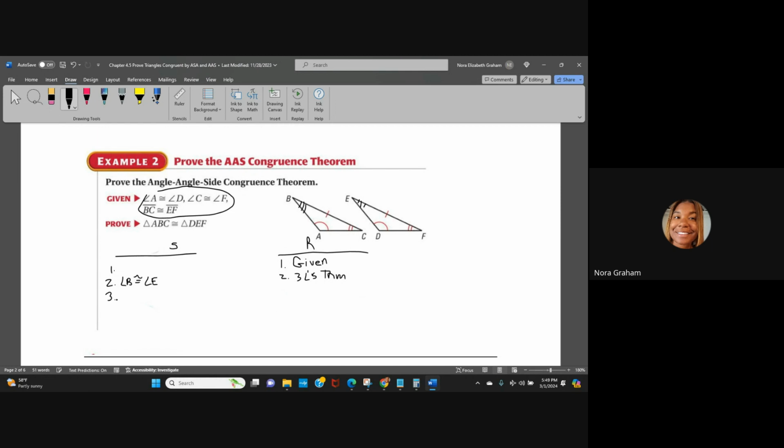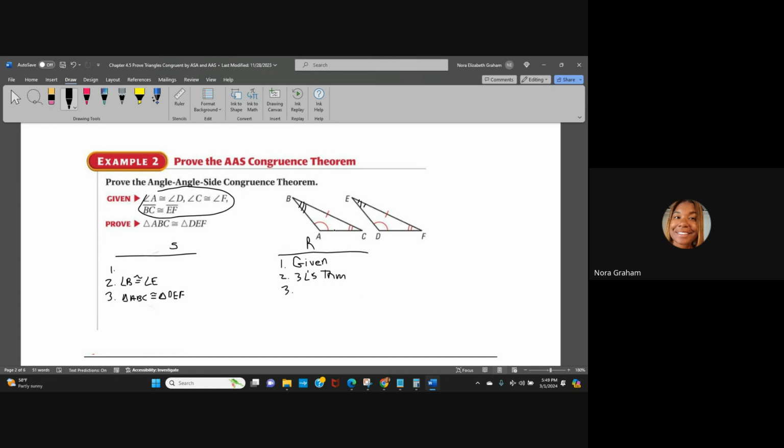And since all those are good, I can say that triangle ABC is congruent to triangle DEF, and this is by our postulates.